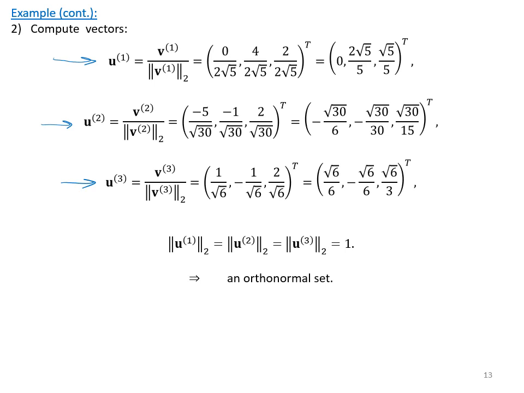So if we compute now the L2 norm for every vector u1, u2, and u3, we can find out that it equals 1, and by definition this set is an orthonormal set. This is exactly what we want to find. Example is solved.